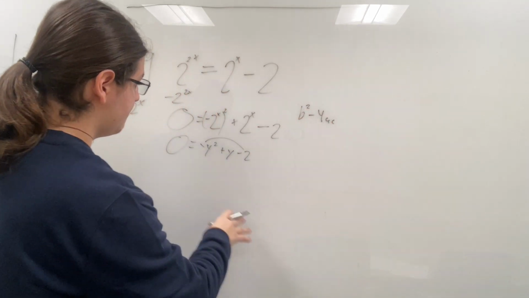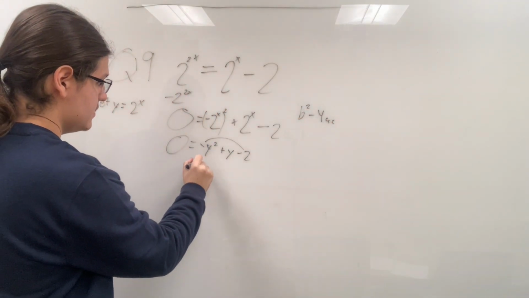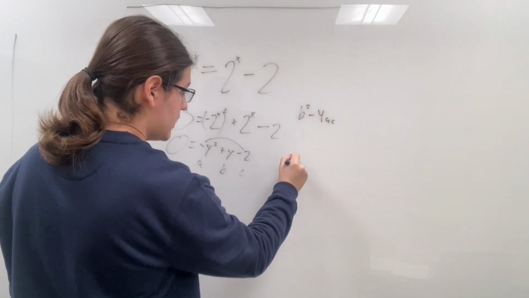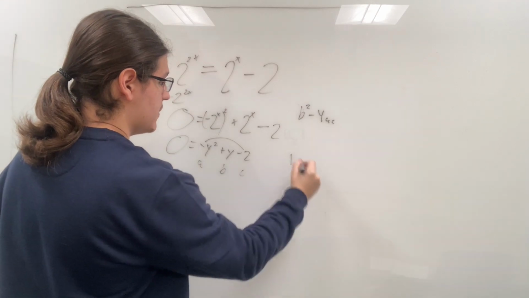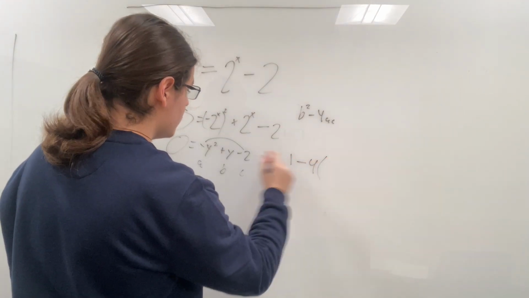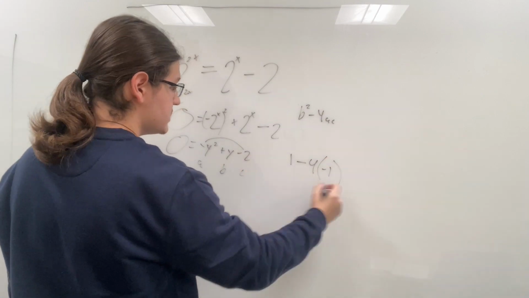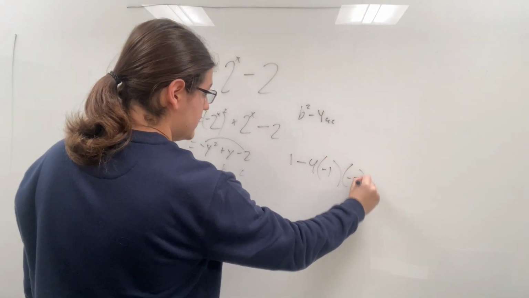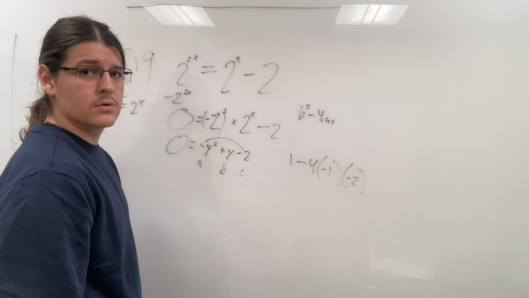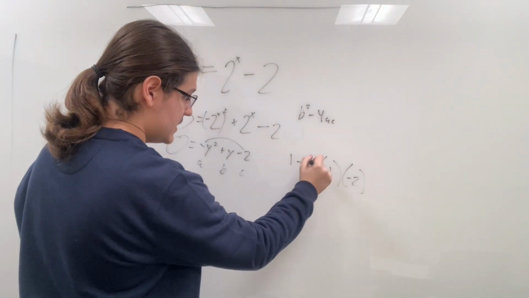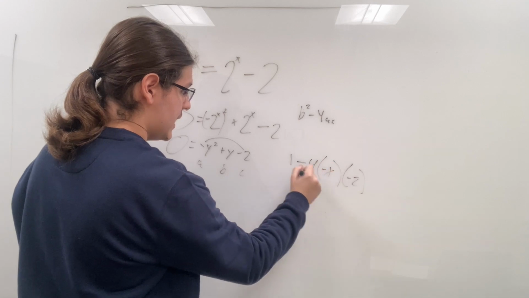So b is just going to be 1. I'm going to skip steps. 1 squared is just 1. Minus 4, what is our a term? a is going to be negative 1, times c, negative 2. The negative is going to cancel and make this positive.